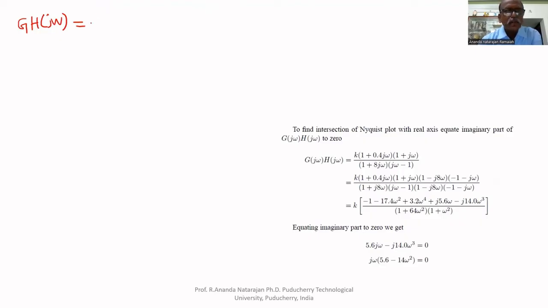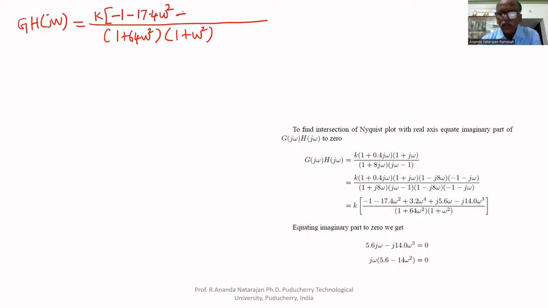If you multiply the numerator and denominator by the complex conjugate of the denominator, you will get 1 plus 64 omega square multiplied by 1 plus omega square in the denominator, and in the numerator you get K multiplied by minus 1 minus 17.4 omega square plus 3.2 omega power 4, plus j 5.6 omega and minus j 14 omega cube. So these two are imaginary parts.